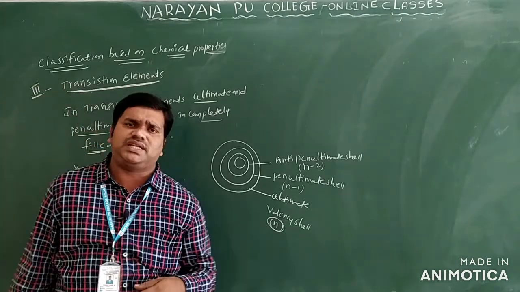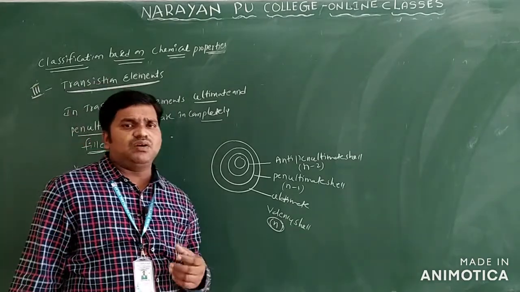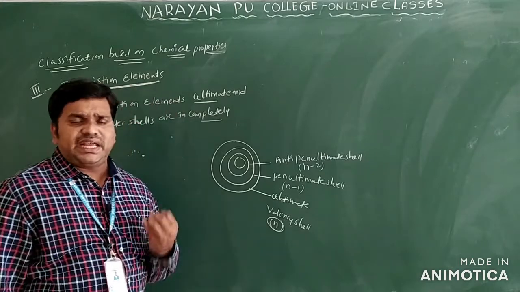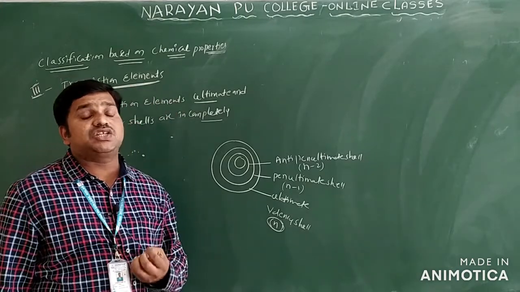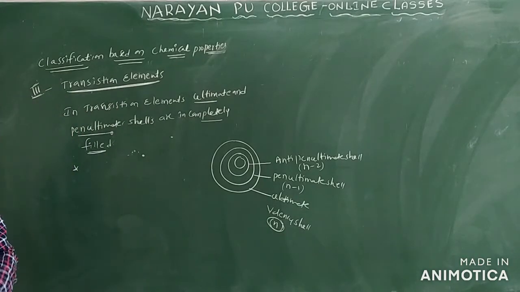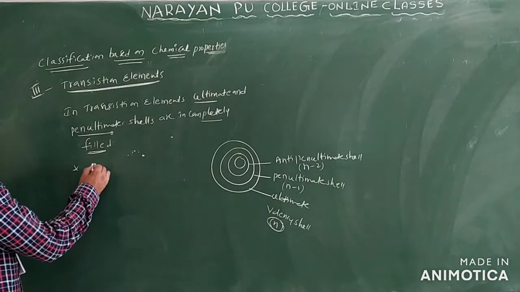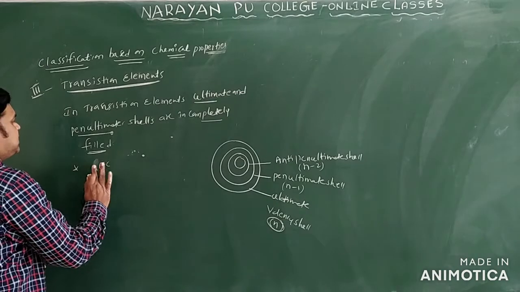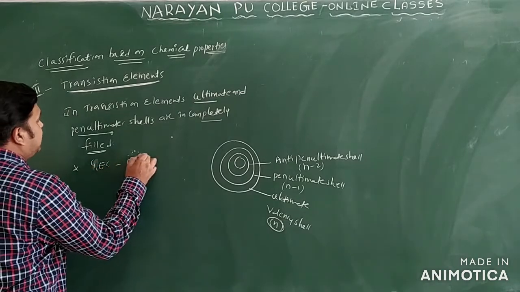We will discuss why. Generally the orbitals involved here are ns orbitals and (n-1)d orbitals in D block elements. Let us see the general electronic configuration. What is the general electronic configuration? You will write here n-1.